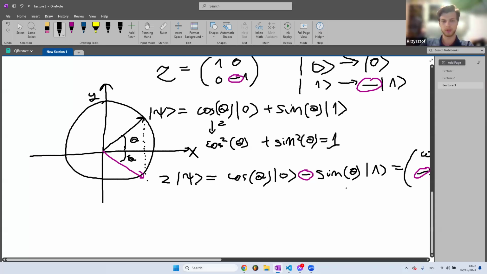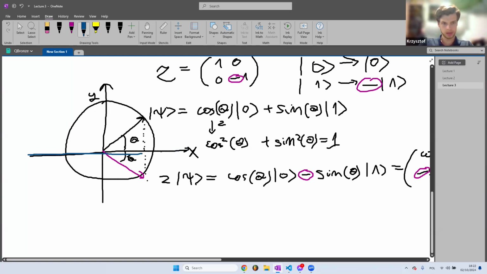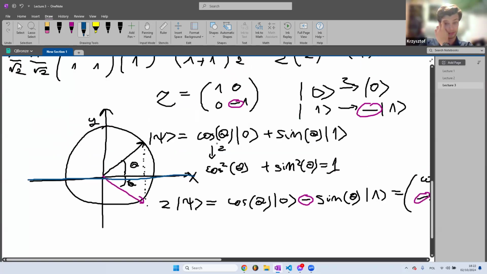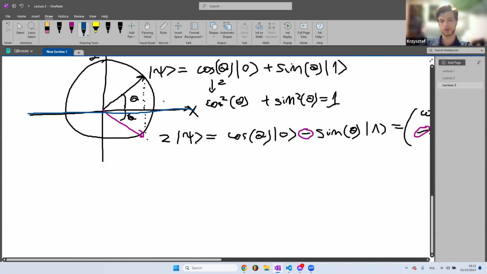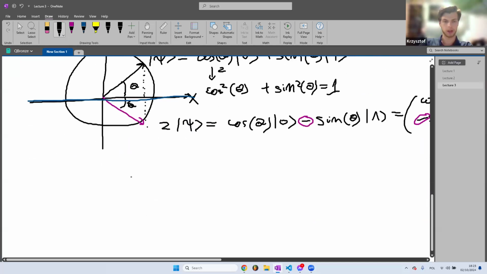What do you think is the rotation or reflection about what axis? Yes, this is reflection about the x-axis, exactly. So this is our plane of reflection. So you can also think of the Z gate as a reflection about the x-axis in the case of the real-valued qubit.